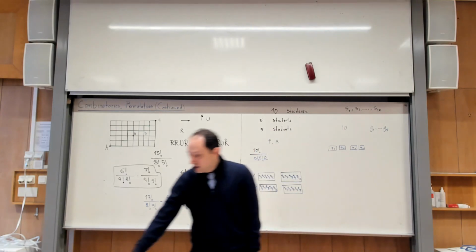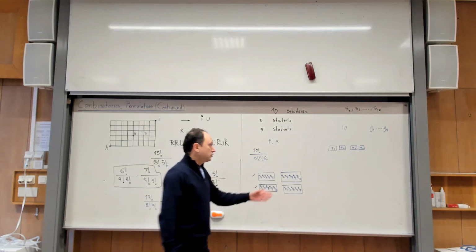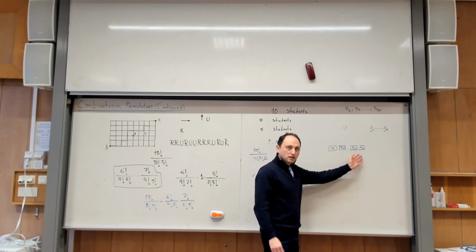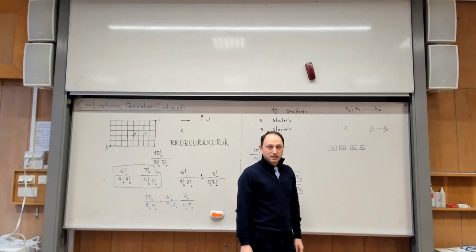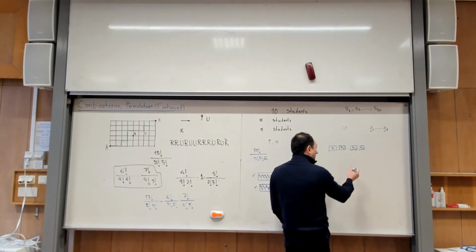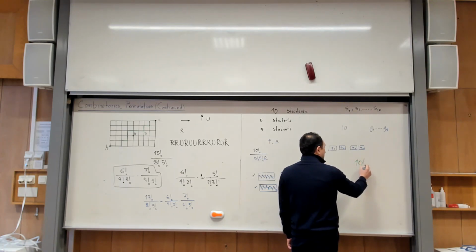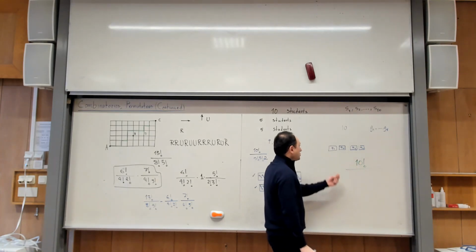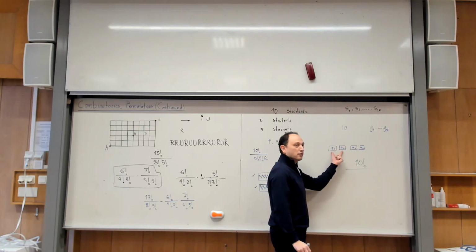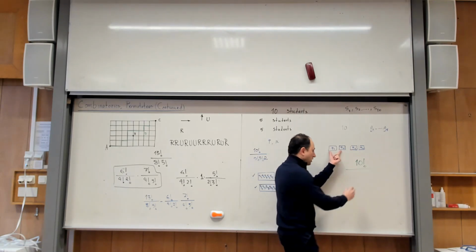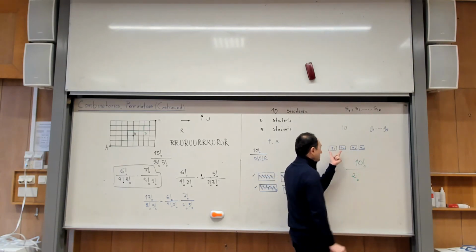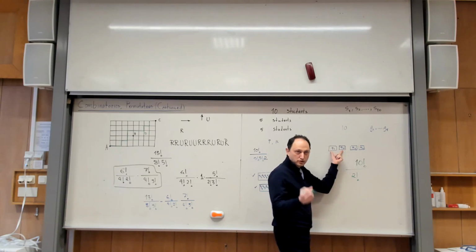So then, how many items do you have? You have 10 items, but not all of them are distinct. If I write 10 factorial, that is wrong, because 2 of them are of type G1. So I have to divide by 2 factorial because of the repetition of G1 2 times.